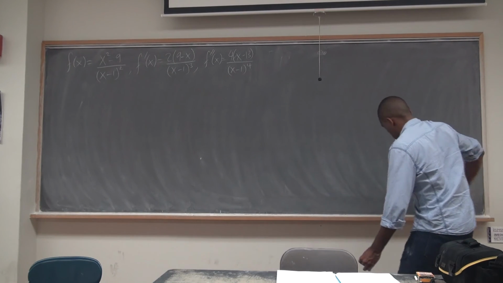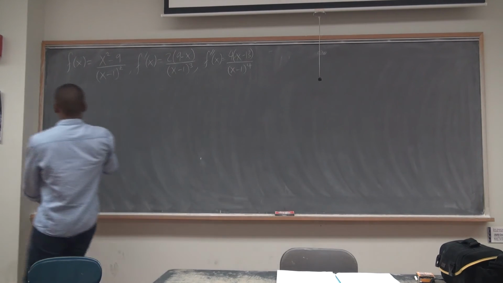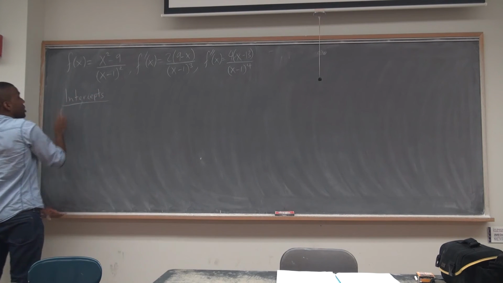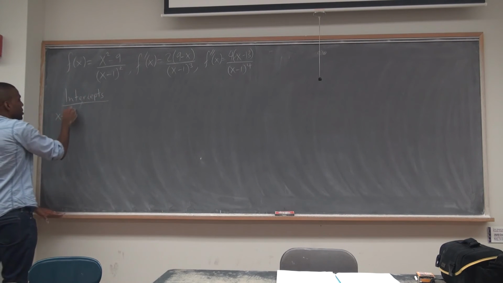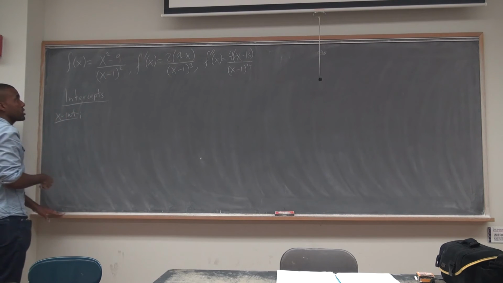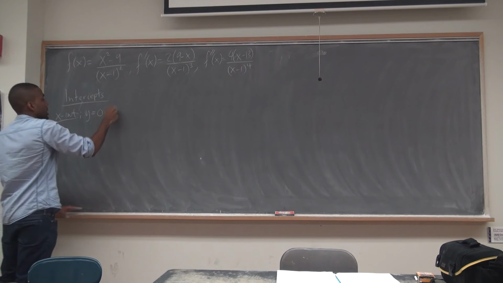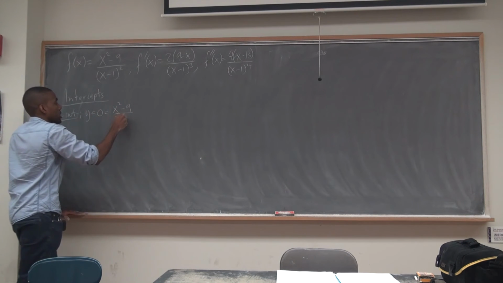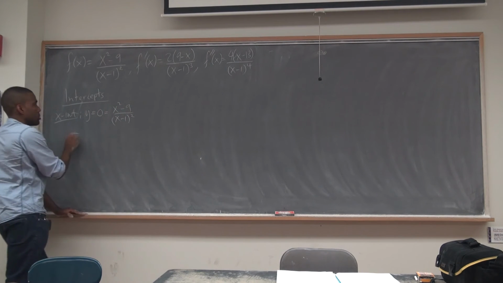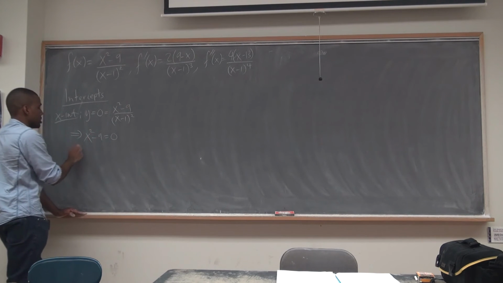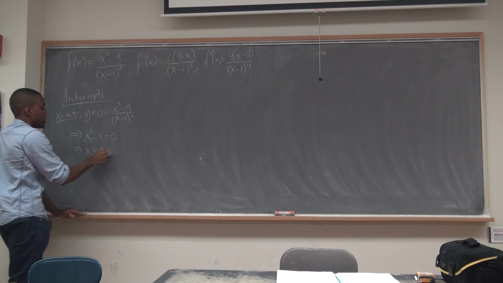So the first thing we're going to want to find are intercepts. So let's talk about the x-intercept. How do I find the x-intercept? Set y equals 0, which is x squared minus 9 over x minus 1 squared. This means x squared minus 9 is 0, which means x is plus or minus 3.